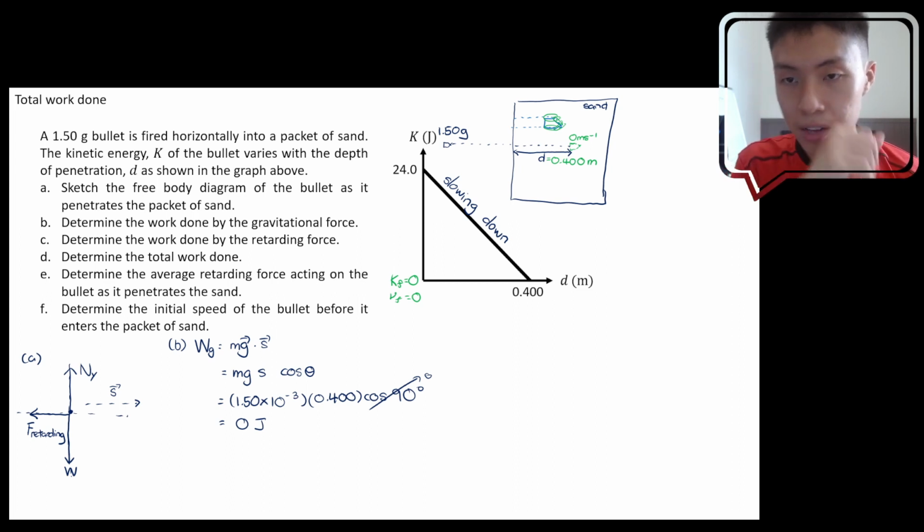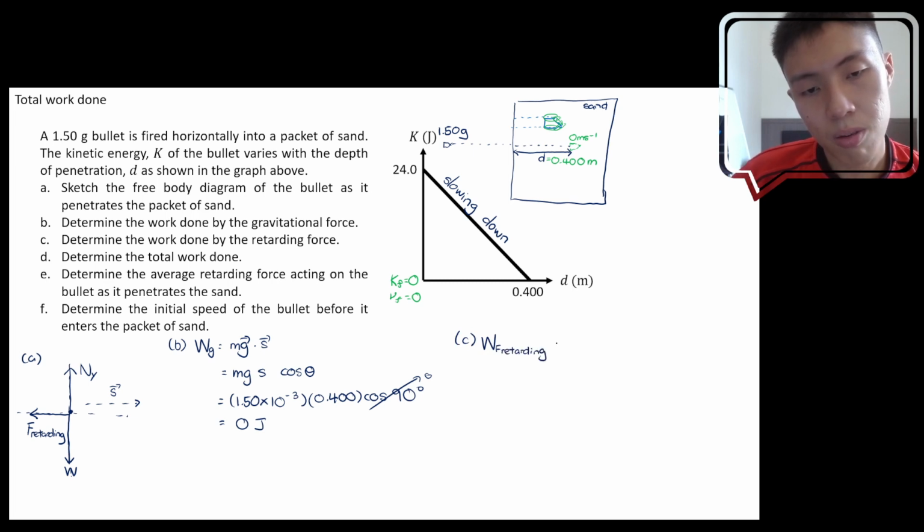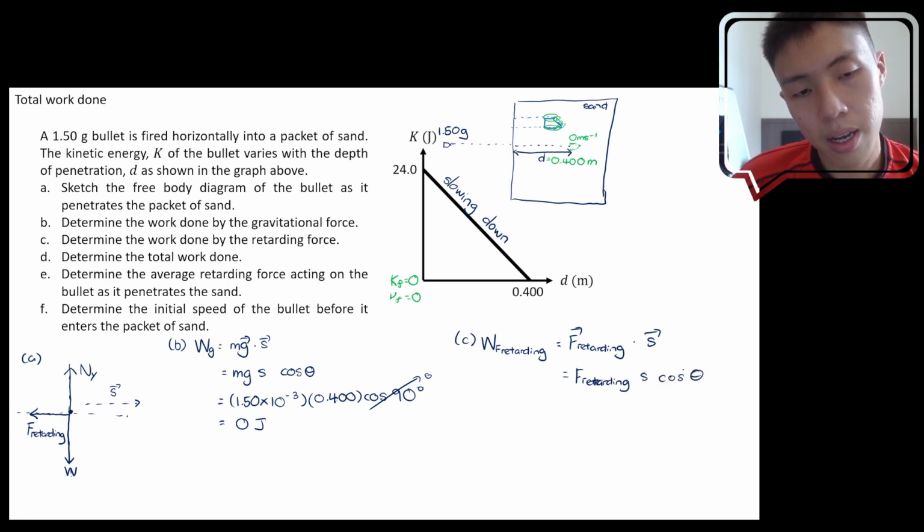The work done by the retarding force. Now we are looking at the retarding force, so we can call it work by force retarding. It will be equal to the retarding force vector dot S. If you expand it, it will be F retarding s cos theta.